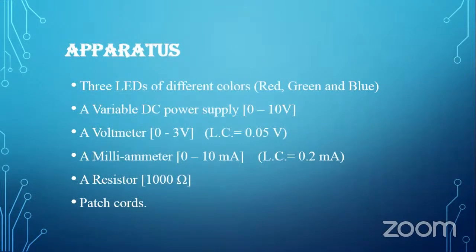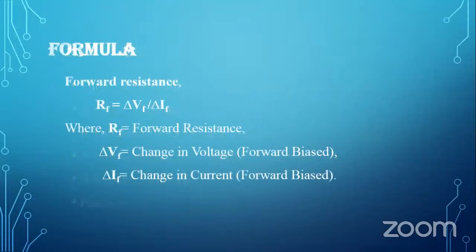We require 3 LEDs of different colors. Here, we are using a red, green, and a blue LED. We are not restricted to choose only these 3 colors. We can choose any colored LED for performing this experiment. Again, we require a variable DC power supply, a voltmeter, a milliammeter, a resistor, and some patch cords. Patch cords are nothing but the connecting wires.